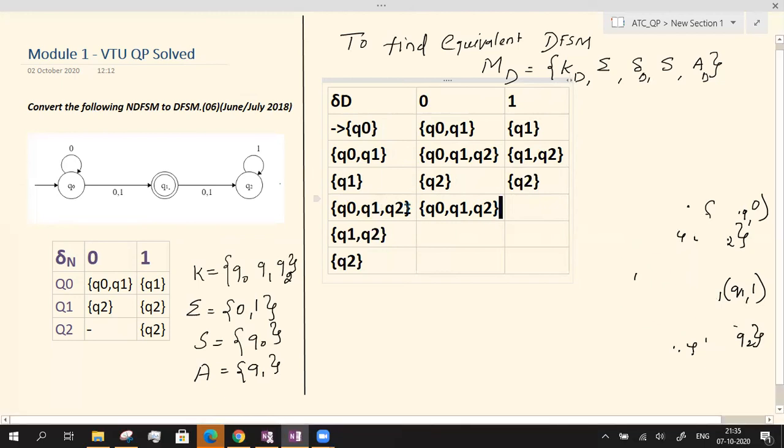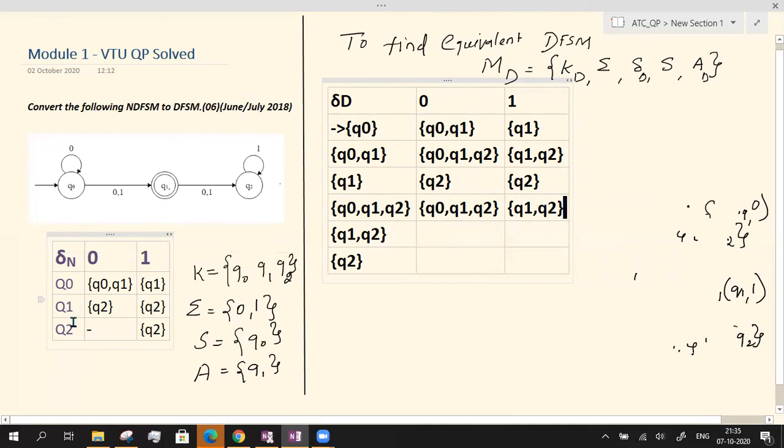From {Q0, Q1, Q2} on reading 1, go to the NFSM transition table. We consider Q0 on 1, union Q1 on 1, union Q2 on 1. If we find the union of all these, we will get {Q1, Q2}.